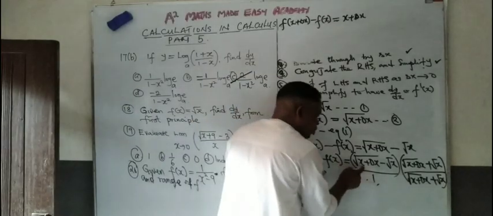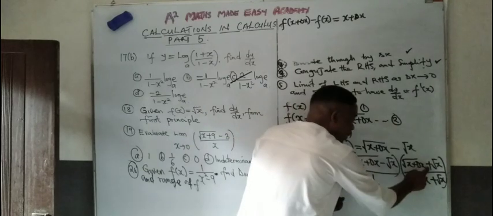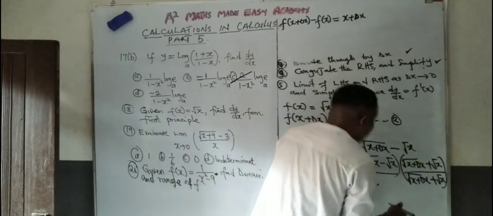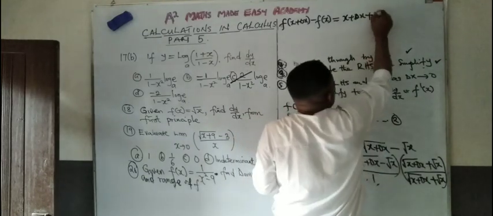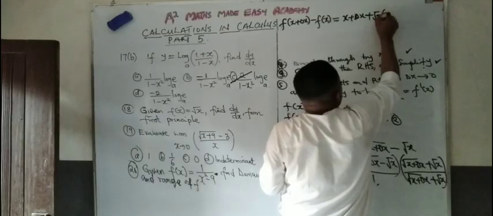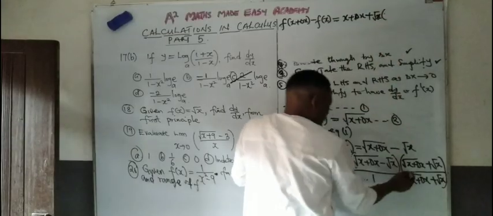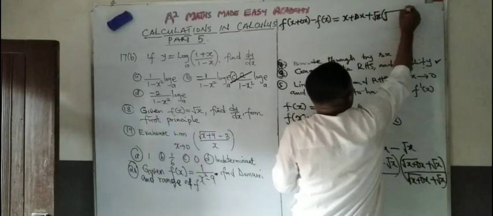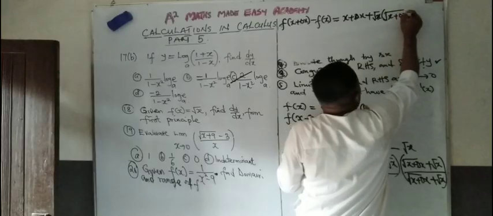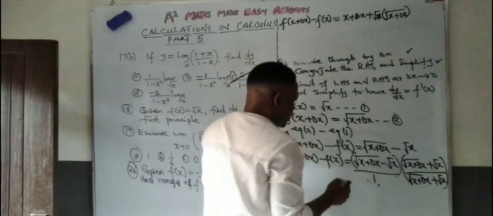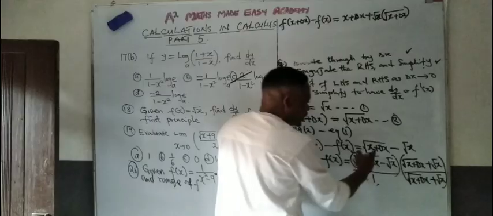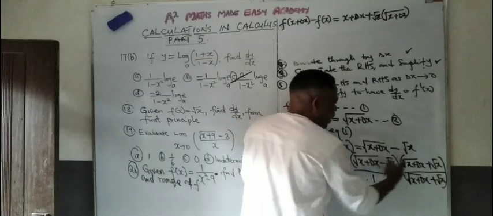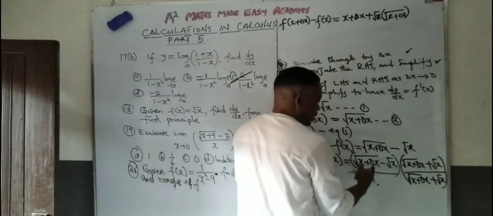Now the same square root of x plus dx multiplied by plus square root of x. It will give me plus square root of x, open bracket, square root of x plus dx, close the bracket. Can you see that I'm done with this? The next thing is to use minus square root of x. Can we go?